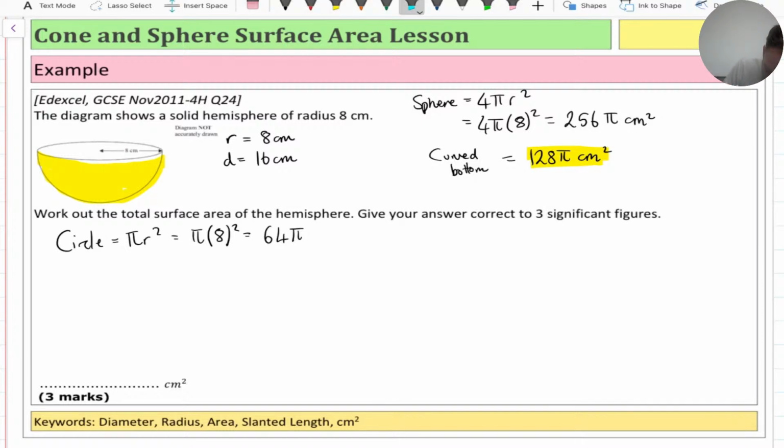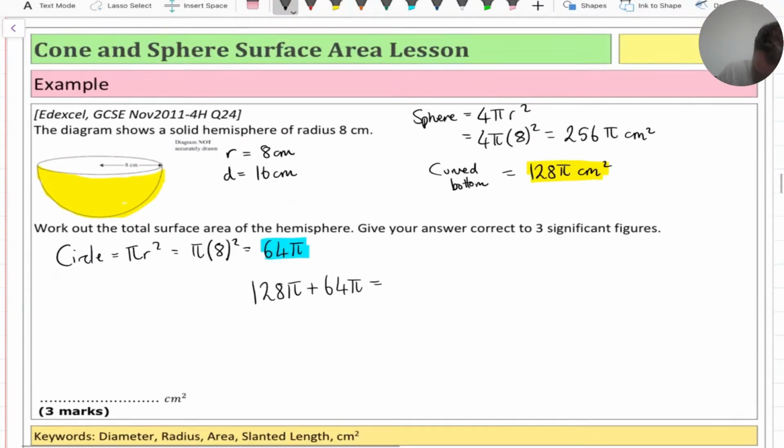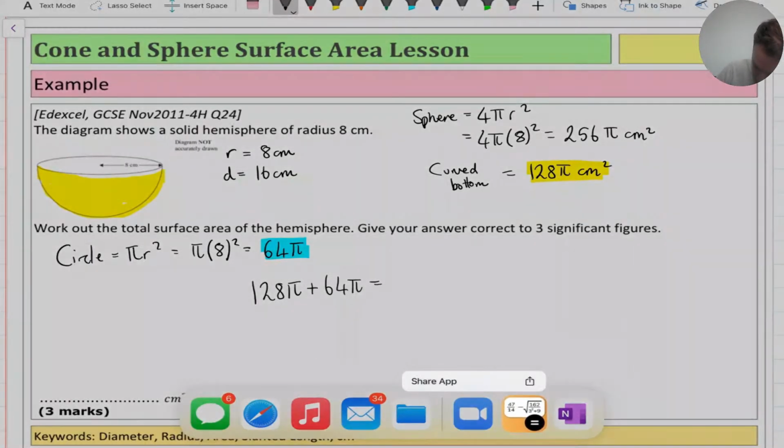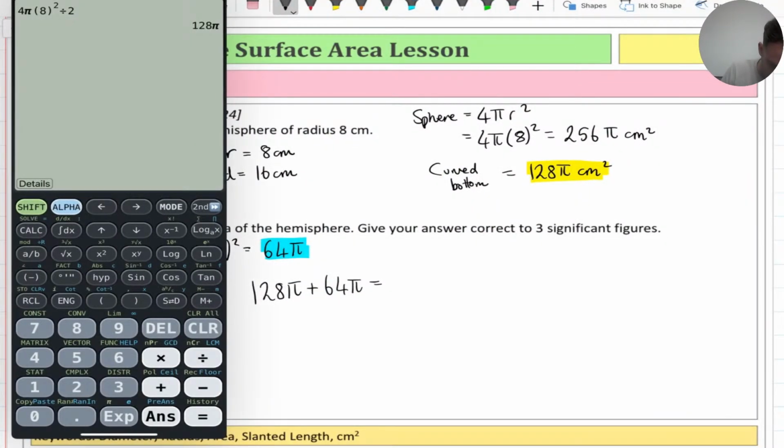We're going to need to add both of these together. So that's going to be 128 pi plus the 64 pi, which is equal to 192 pi centimeters squared.